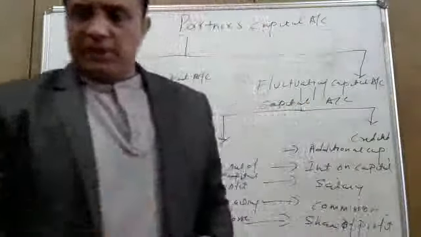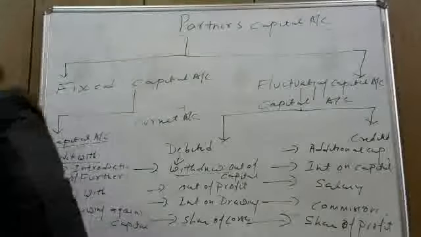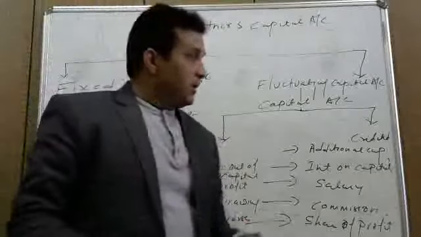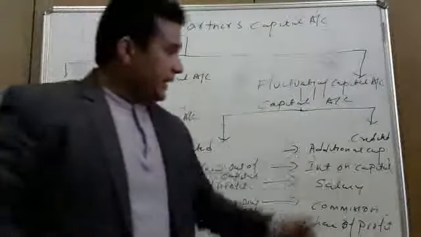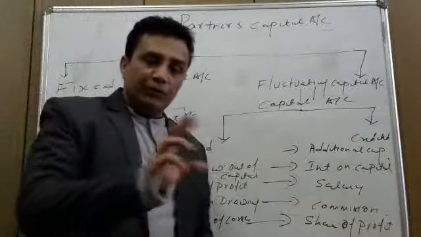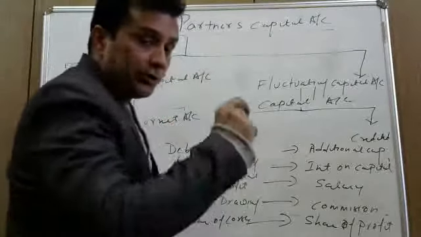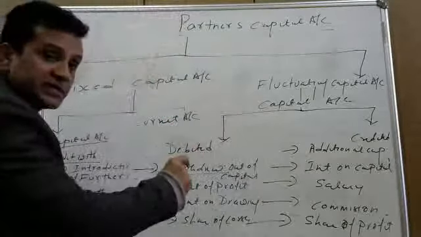Now, this can be described with the help of journal entries. Suppose the journal entries come regarding interest on capital and regarding salary. There we need to prepare two different accounts, or we say that the accounting treatment of these conditions can be passed separately.